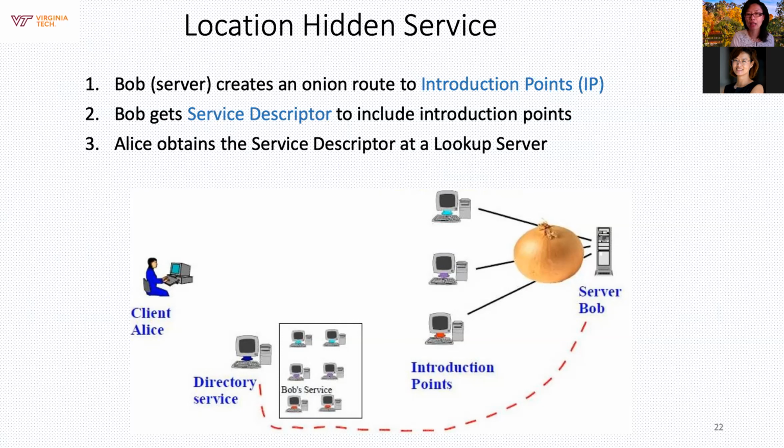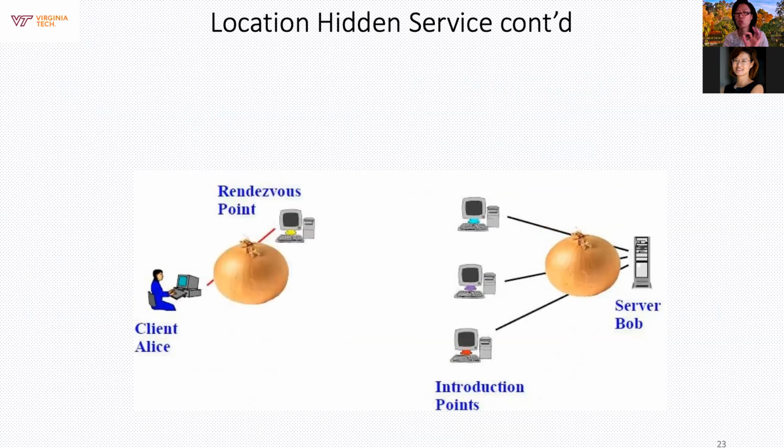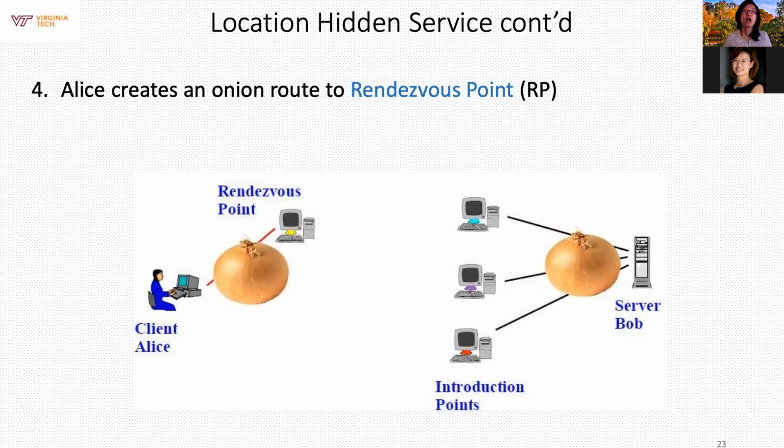So that when Alice wants to visit Bob's server, Alice first has to look up the directory and then see who the introduction points of Bob are. Okay, and that is the most important step in a TOR hidden service. Now you're in business, because Bob is no longer hidden.